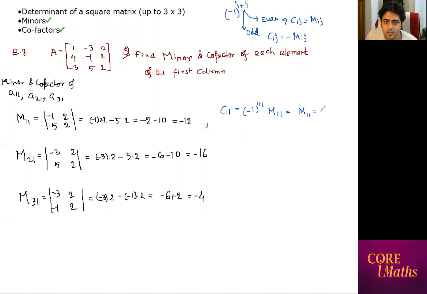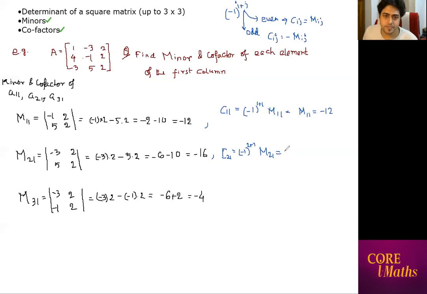So its cofactor value is also -12. Now for C21, -1 whole to the power 2 plus 1, that is odd, into M21.